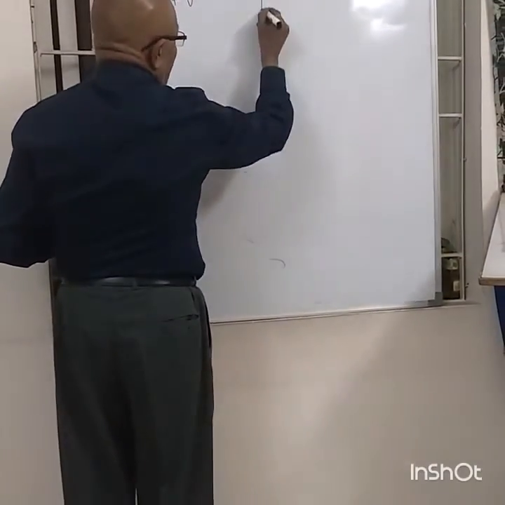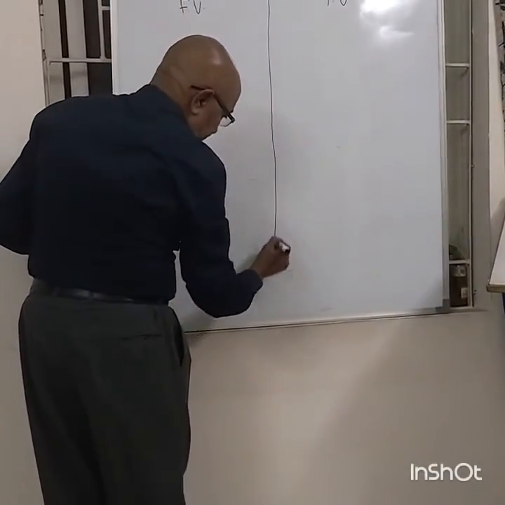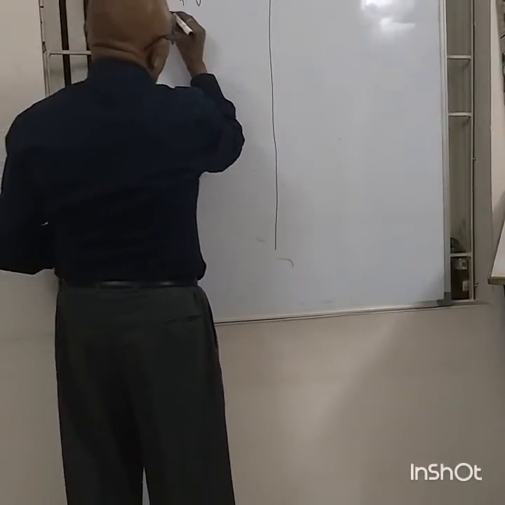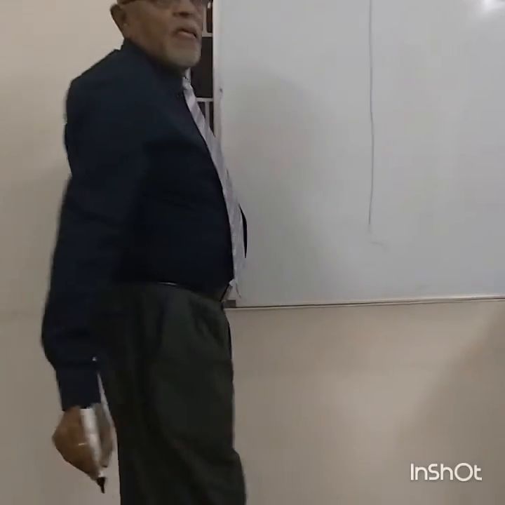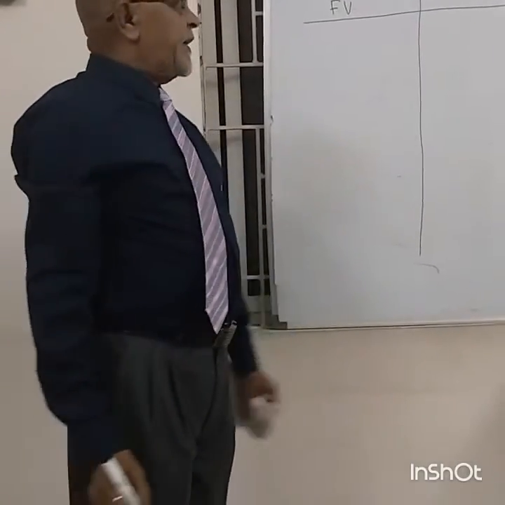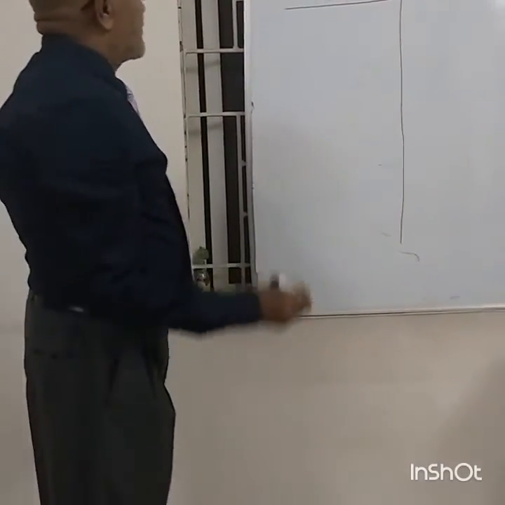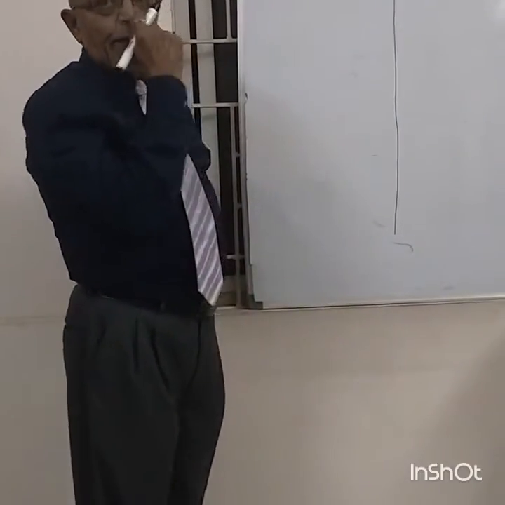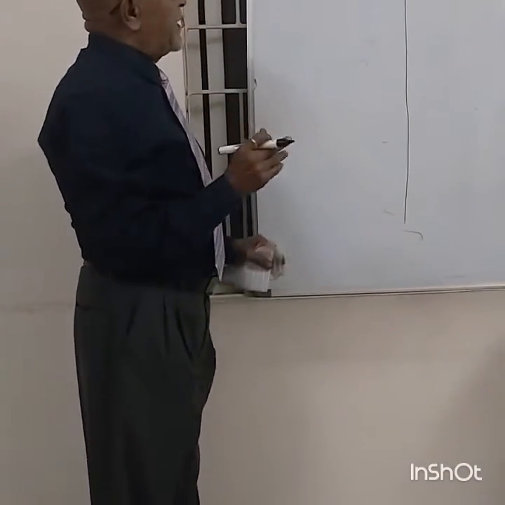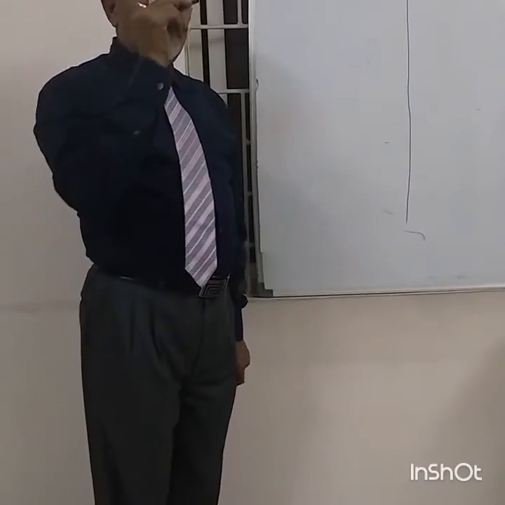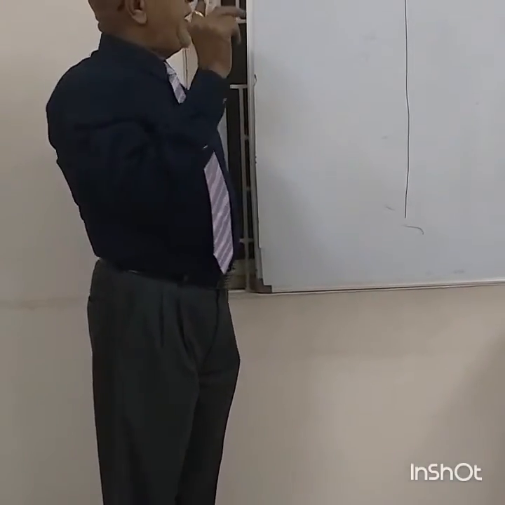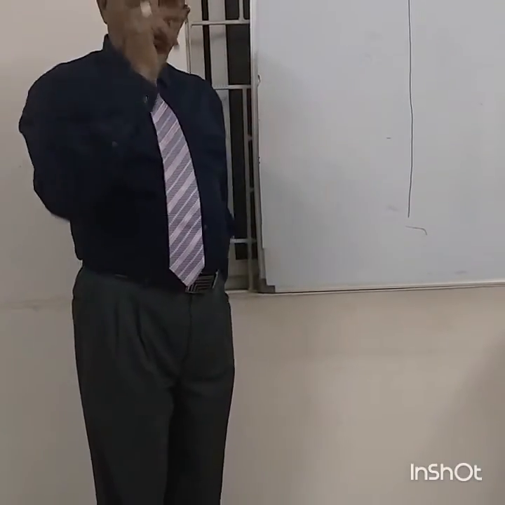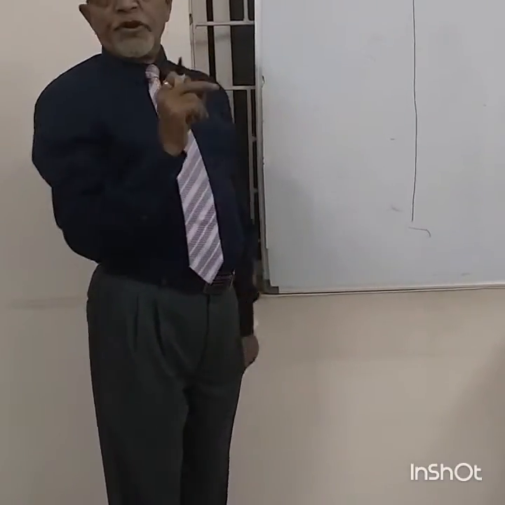Now, here the end A of the straight line is in the horizontal plane. Now, please remember, the end A is in HP. That means the distance of the point A from the horizontal plane is 0 when it is resting on the horizontal plane.